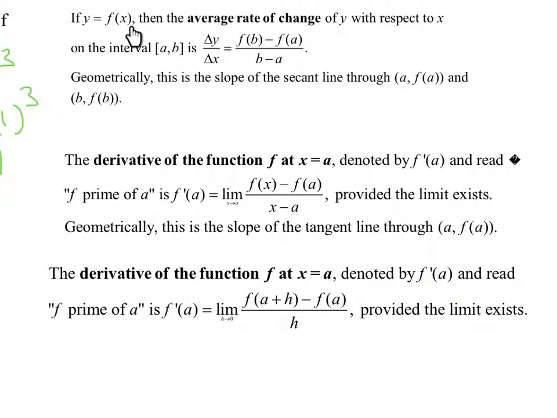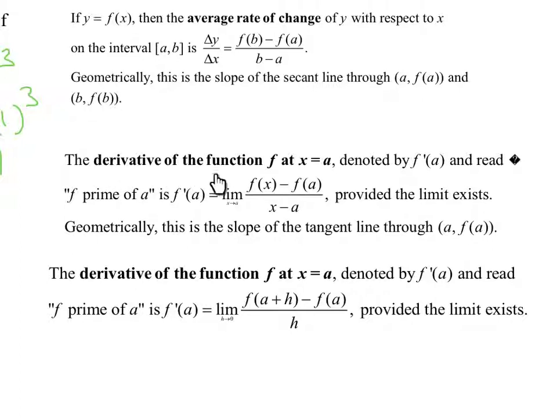Let's look at some more definitions now. If y equals f of x, then the average rate of change of y with respect to x on an interval a to b is the change in y divided by the change in x, which is f of b minus f of a over b minus a. Geometrically, this is the slope of the secant line through a comma f of a and b comma f of b. So there's average rate of change.